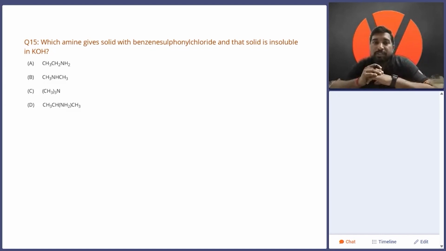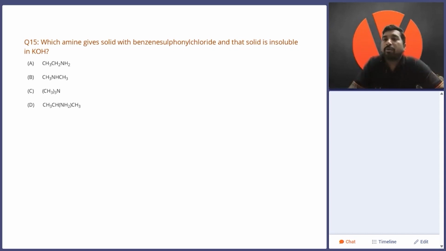What does question number 15 say? Which amine gives a solid with benzene sulfonyl chloride and that solid is insoluble in KOH? Let's talk about the Hinsberg reagent. This is the Hinsberg reagent, benzene sulfonyl chloride.